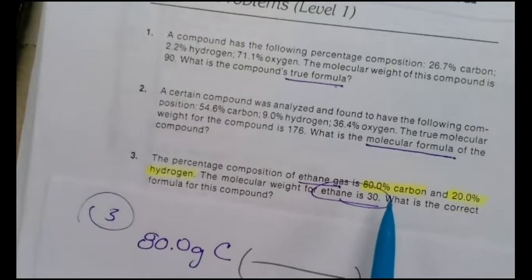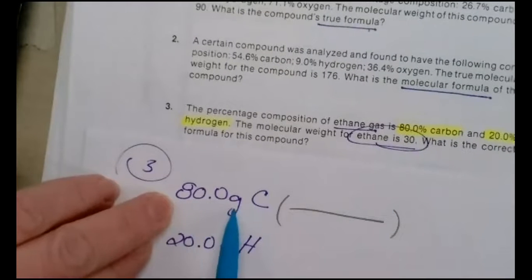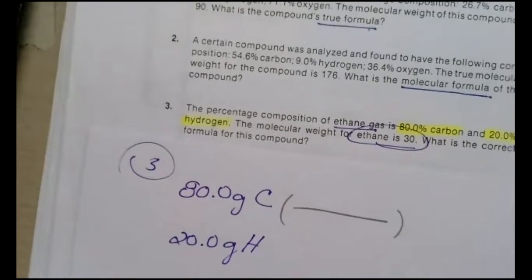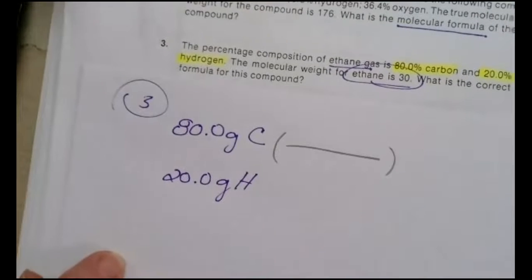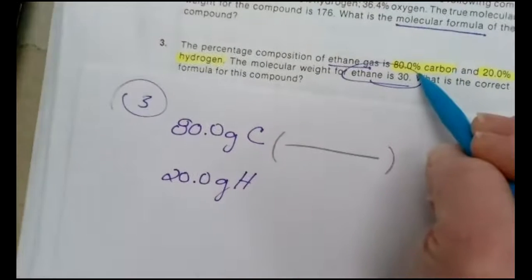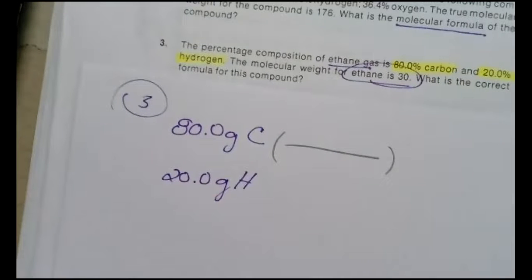We make that step of assuming 100 grams so that the percent directly can be written as grams. Now, as soon as I see the unit of grams, I like that much better. I know I can work with grams, not percents. If I have the mass of every element, okay, that's better than a percent.